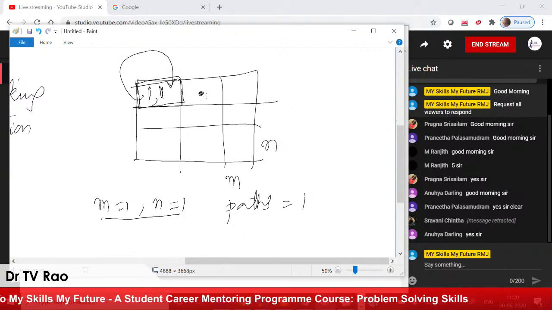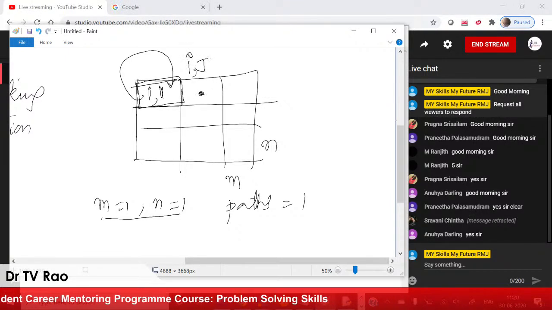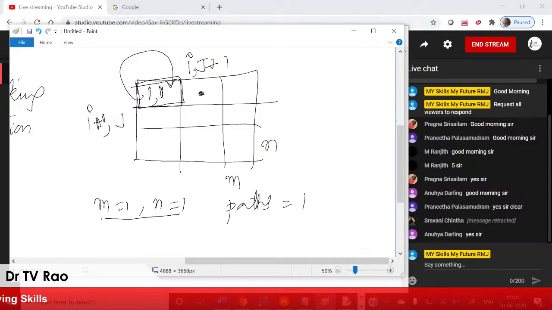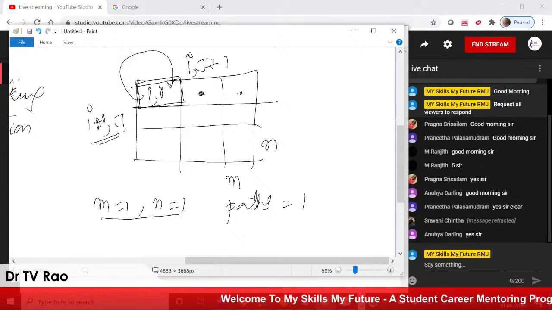Suppose you are here. Then what is it? I comma j plus 1. And if you are here, this is I plus 1 j. You may go here, you may come here.